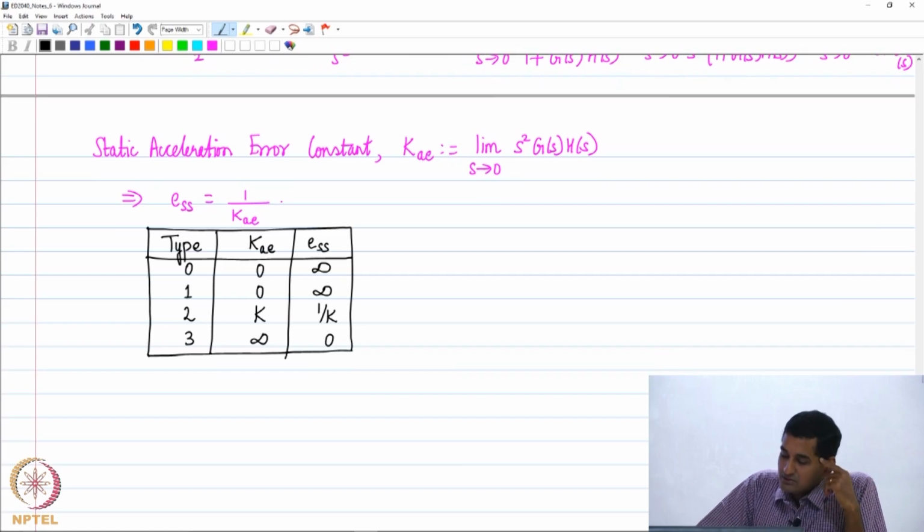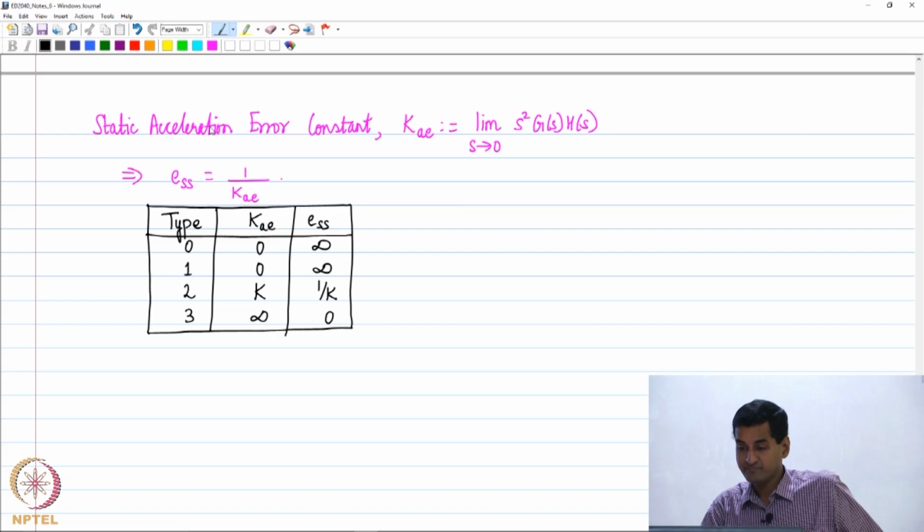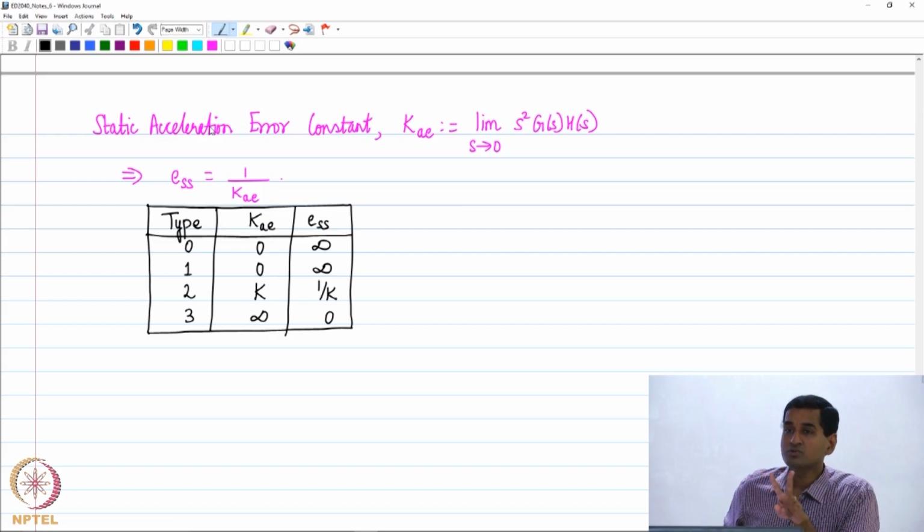So that's the steady state error to a unit parabolic input. But my aim here was twofold. The first thing is that by and large we would be interested in tracking step inputs, so I wanted to show that we need at least one integral term in the open loop transfer function. That was point 1. 1 by s can come either from the plant or the controller, please remember that.